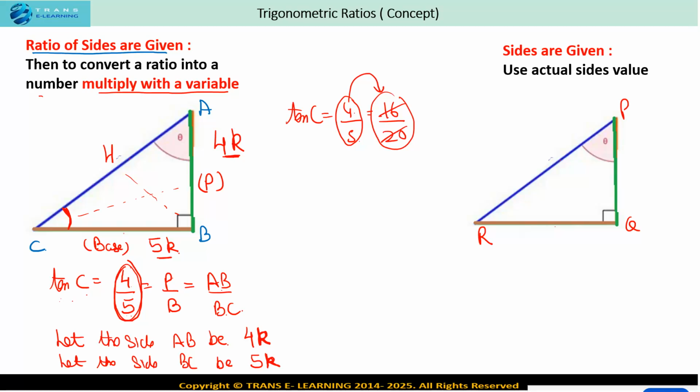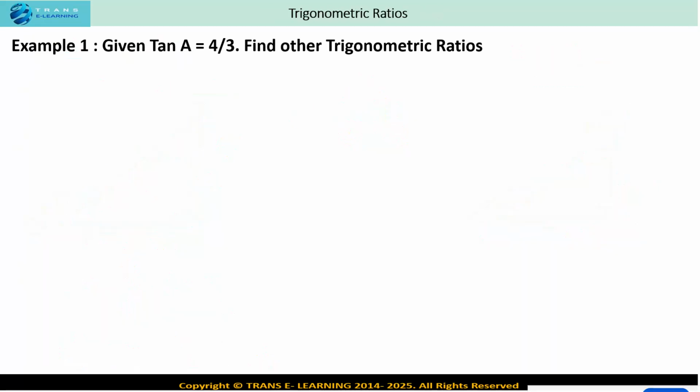Now, in the second type of questions, when the sides are given to you, you can use the actual sides. For example, this is given 20 and this is given 21. So you can use the actual values to find the hypotenuse or other values or parameters. First of all, we are going to make a triangle, and by default, I always consider the angle mentioned here at the base.